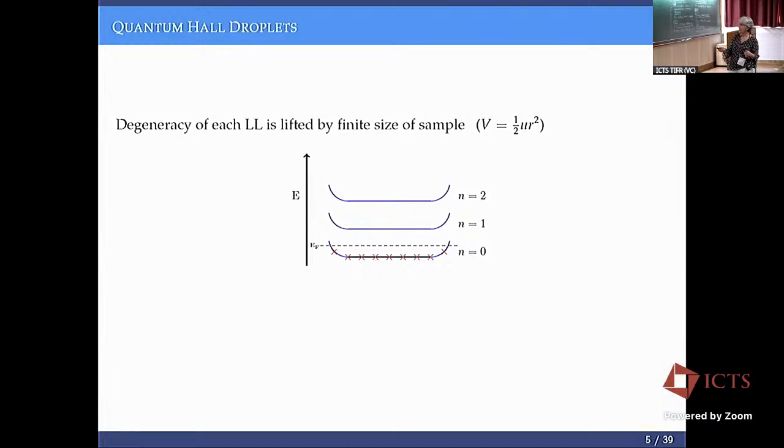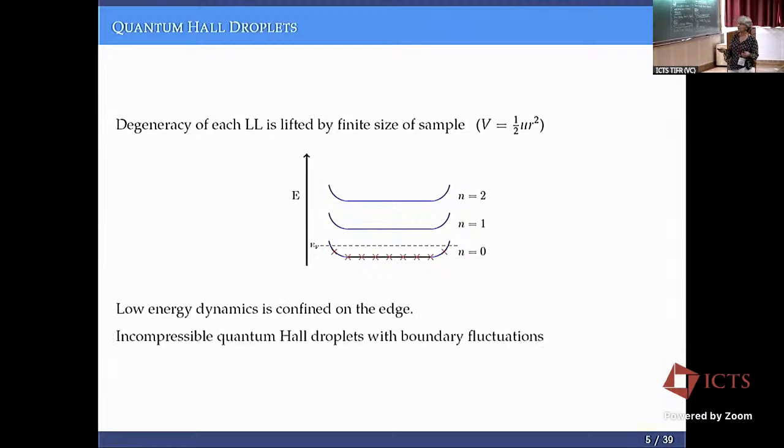They come like this. Still, the bulk electrons cost too much energy to go up here. But for the electrons at the edges, we need very little energy to move them around the edge. So essentially, the dynamics is completely confined to the edges.